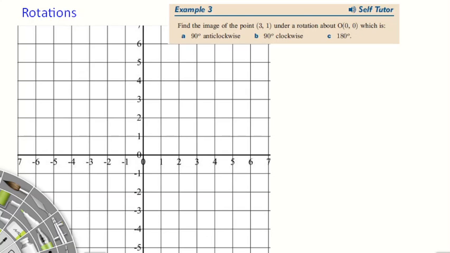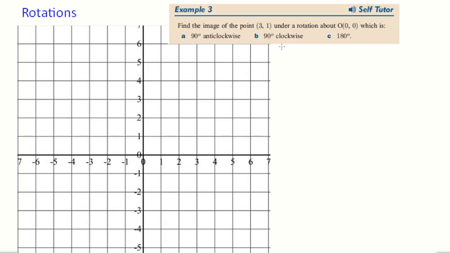Find the image of the point (3, 1) under rotation about O, the origin (0, 0). Find the image for 90 degrees anti-clockwise, then 90 degrees clockwise, and 180 degrees. So first of all, let's find where this point lies.